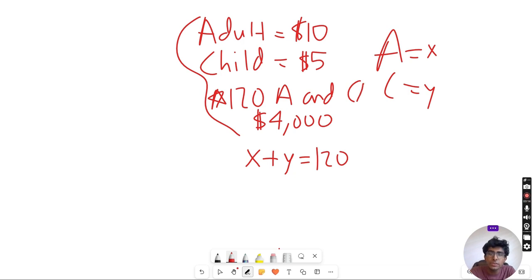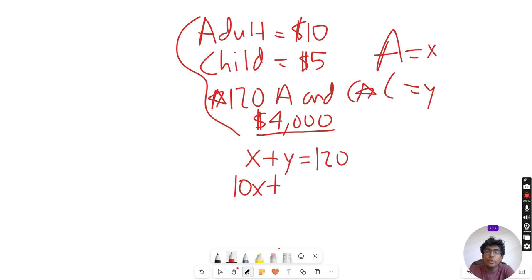So we've taken this information and made it into an equation. Now, the other equation involves the ticket price. If they made $4,000, adult tickets are $10 and child tickets are $5. The revenue from adult tickets is 10x. If you sell 10 adult tickets, you get $100 because each ticket is $10.